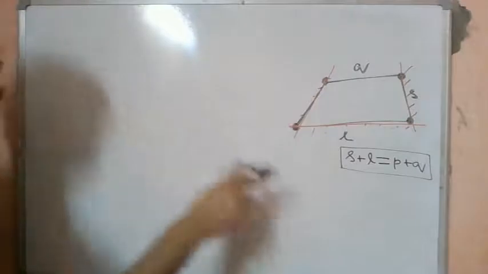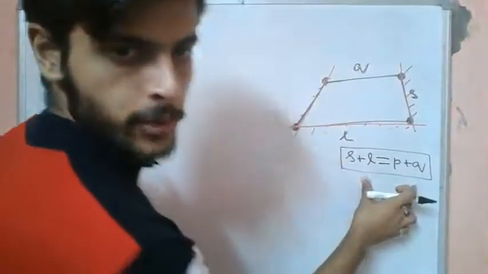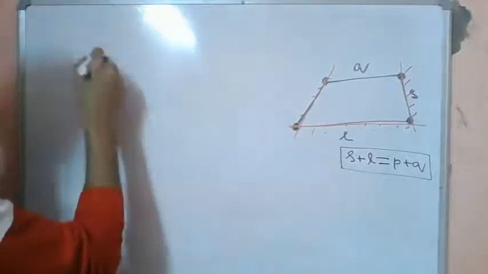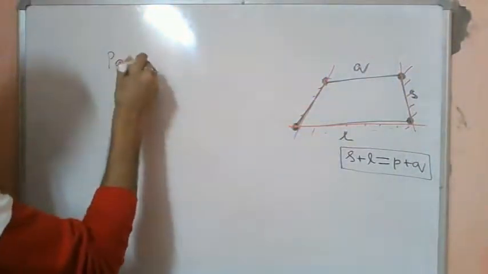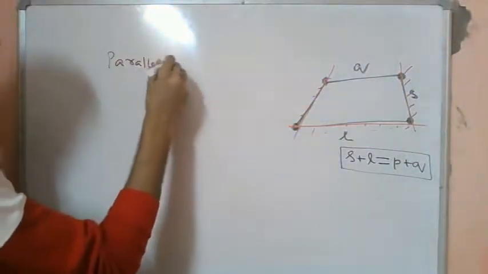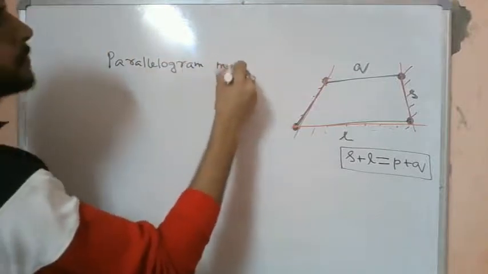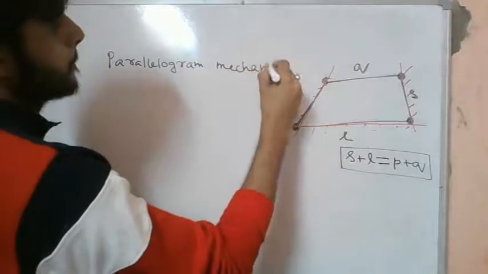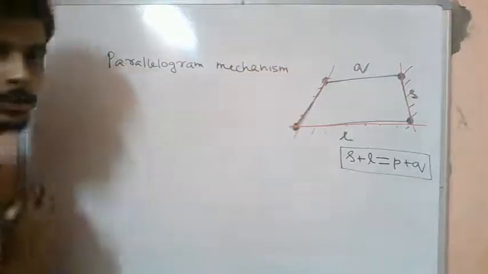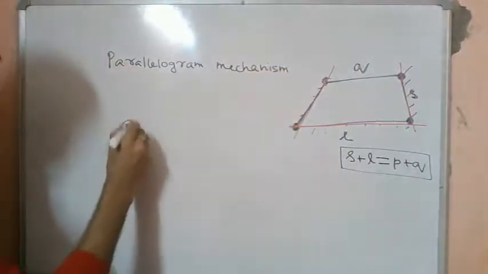When this equality is satisfied, we have a mechanism called the parallelogram mechanism.